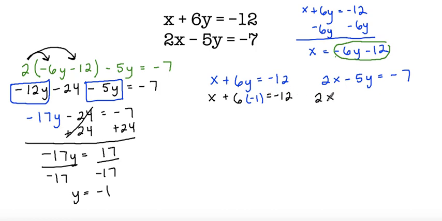And we have 2x minus 5 times negative 1 is equal to negative 7. So now we have x, well, we could do positive 6 times negative 1, which is negative 6, is equal to negative 12. If we add both sides by 6, we end up with x is equal to negative 6.